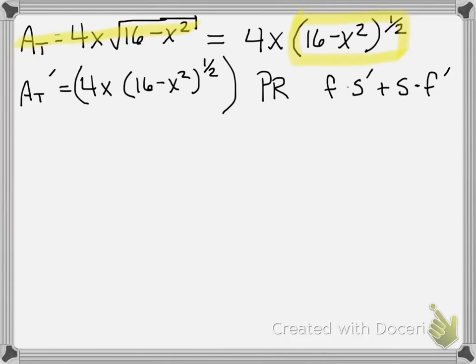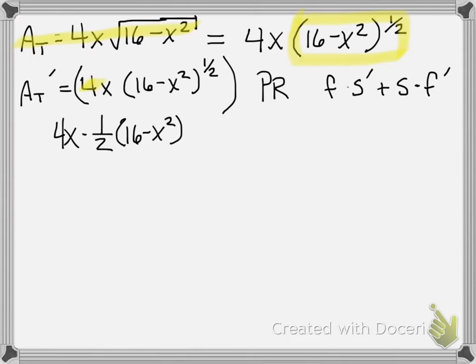So our first part is 4x. So we'll just say 4x times the derivative of the second. We use the power rule to take the derivative, so we get 1/2 comes down, 16 minus x squared.